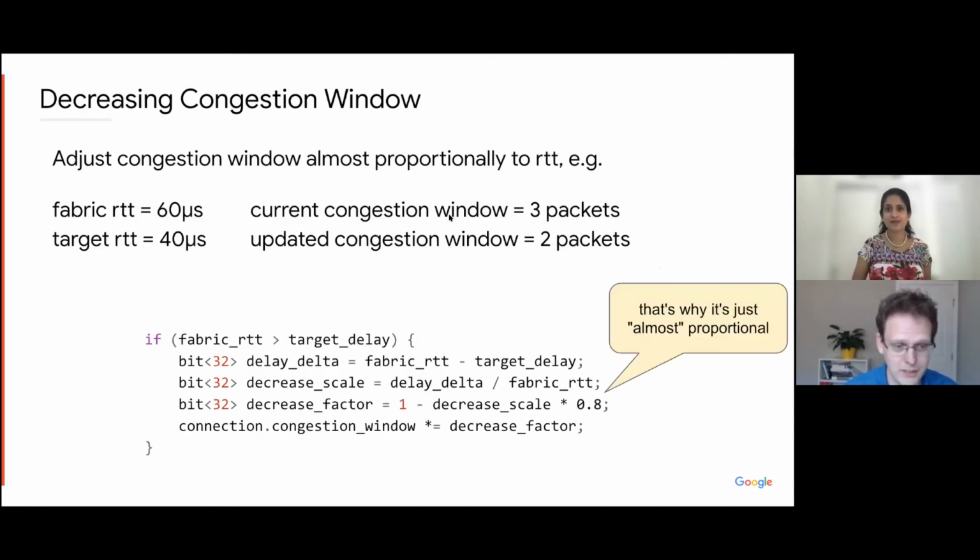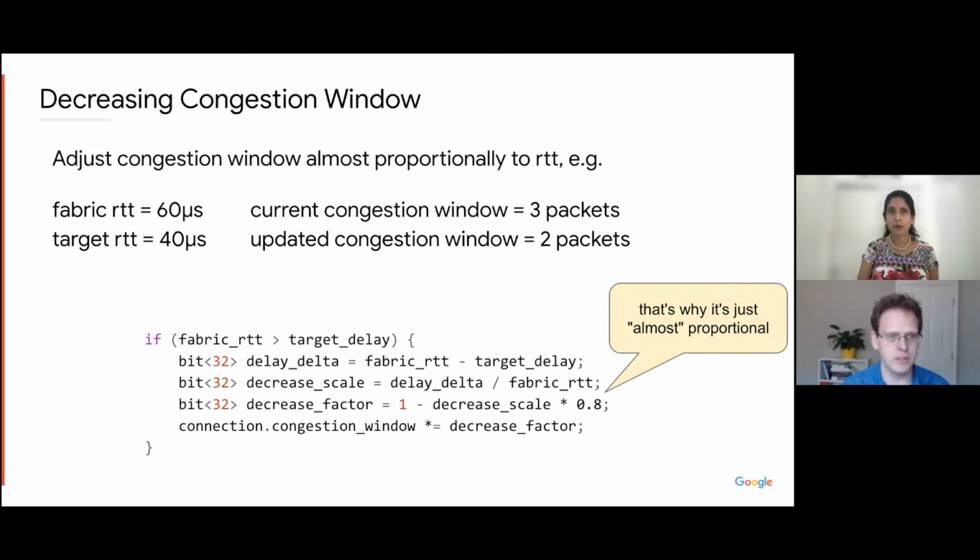Once we have the fabric round trip time, we compare that to the target. Then we adjust our congestion window proportionally. Very concretely, say it took 60 microseconds for the packet to go to the other NIC and come back, and our target is 40 microseconds.